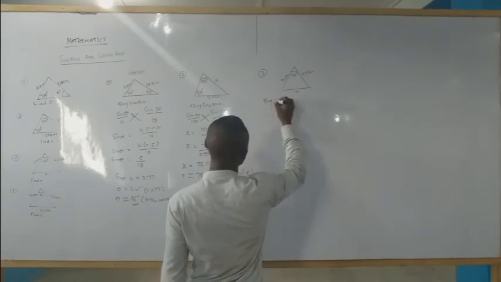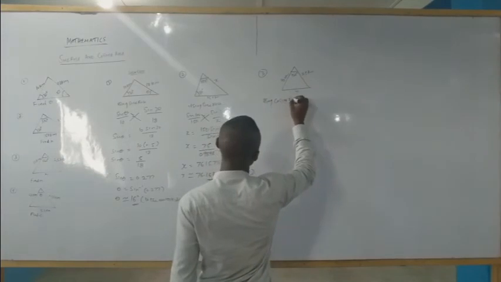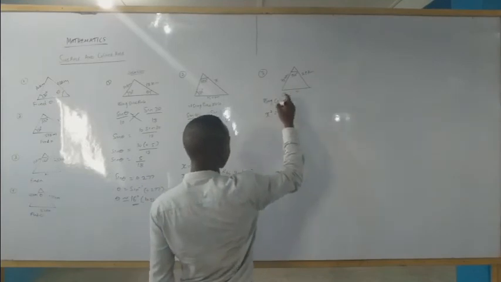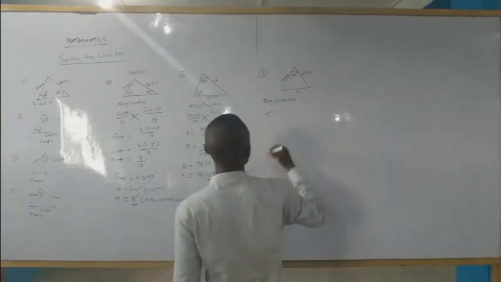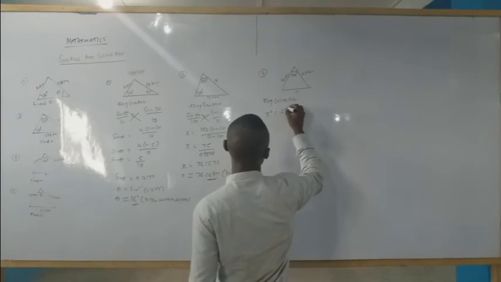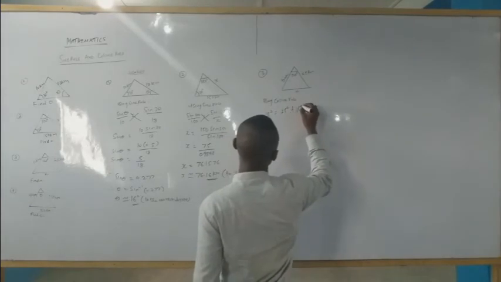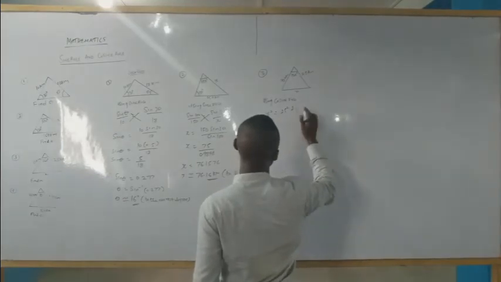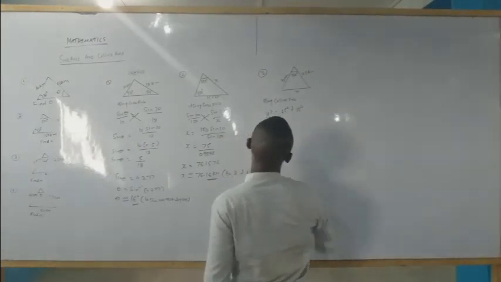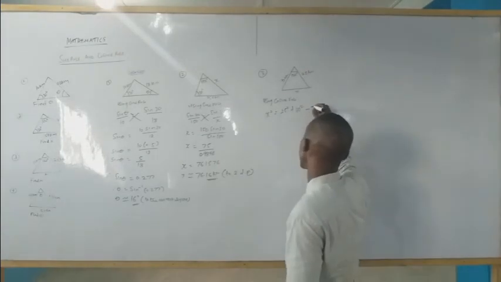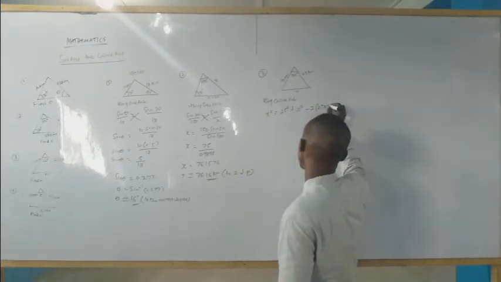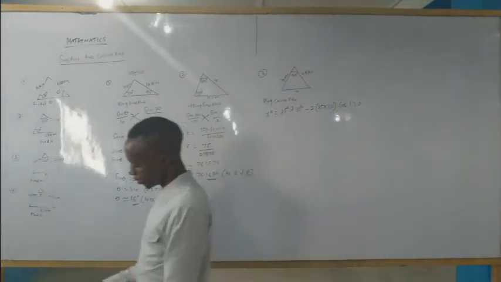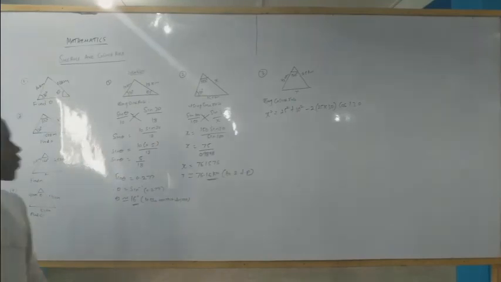Using cosine rule, x squared is equal to 25 squared plus 30 squared, minus 2 times 25 times 30 cos 120.